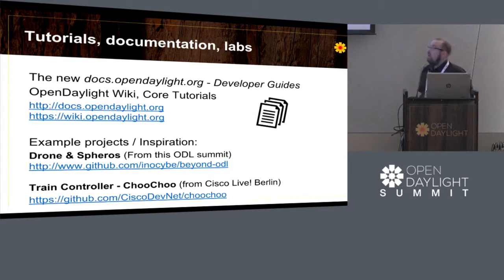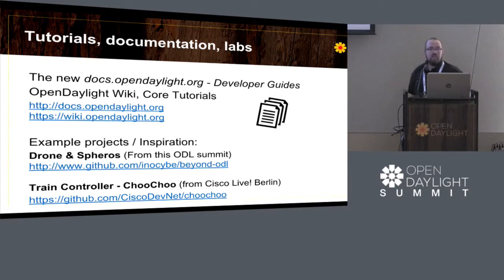And we also have the new docs.opendaylight.com that provides excellent and simple wikis to start tinkering around with OpenDaylight and start being creative with it. We're also starting to see some nice projects emerging from OpenDaylight.